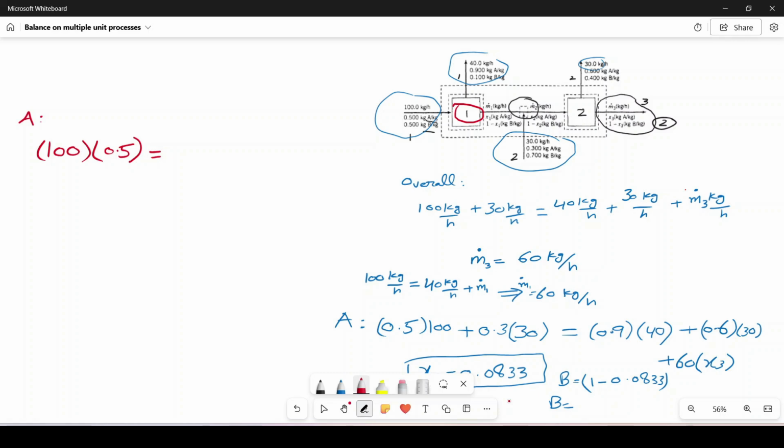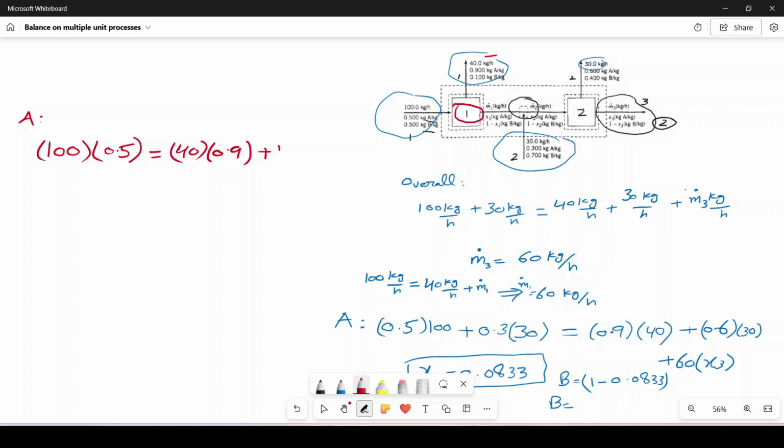And what is the output here? Here we have 40 as the mass flow rate, and 0.9 is the mass fraction, plus this is the output if we only consider unit process 1.